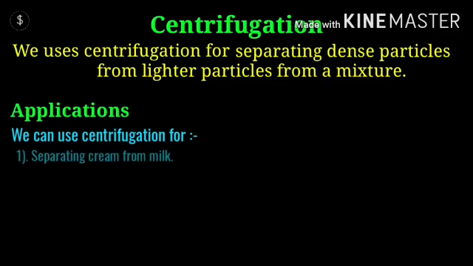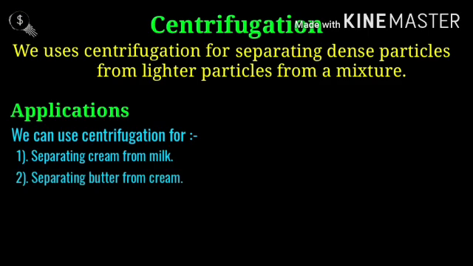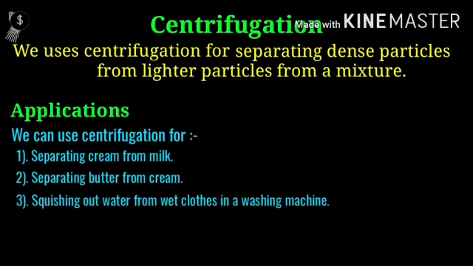Centrifugation has its applications, and we can use the centrifugation method for separating cream from milk, separating butter from cream, and also squeezing out water from wet clothes in a washing machine.